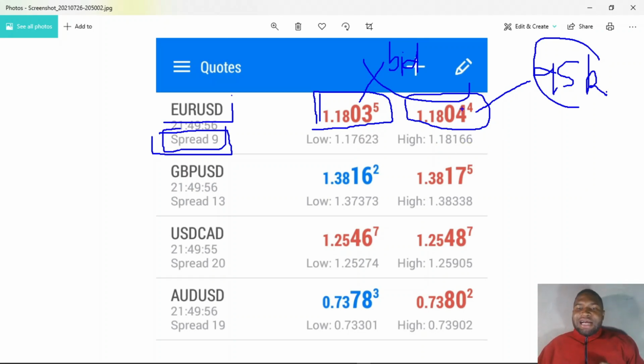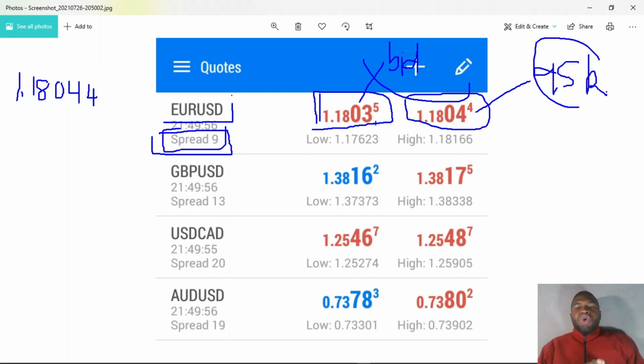So you find that the ask price is always higher than the bid price. And the reason for that, should I tell you? All right, let me just tell you for interest. The ask price is always higher than the bid price. Why? Because the ask price is the price at which you are going to buy a currency pair when you are trading.